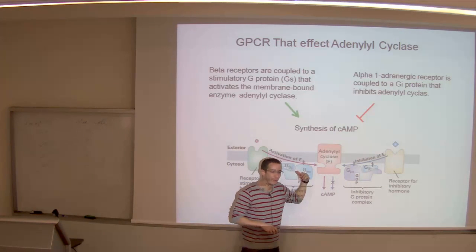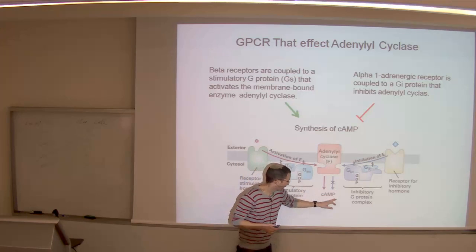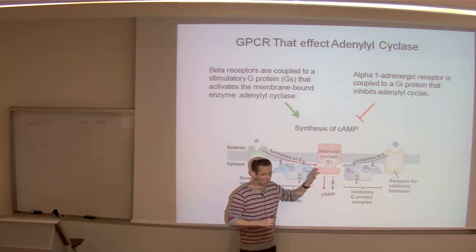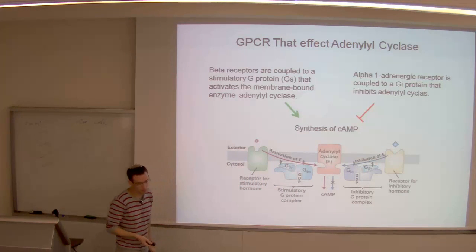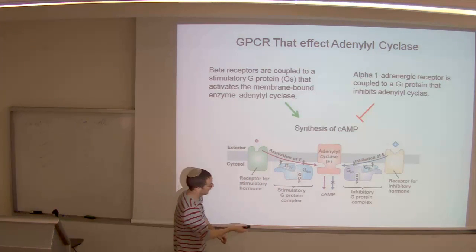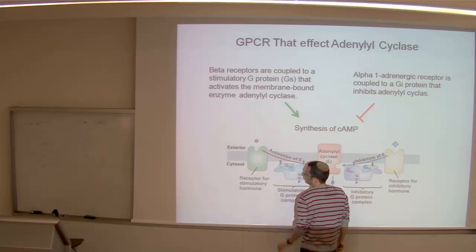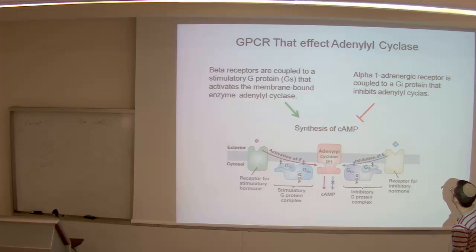So both sides of the effects that I've mentioned go through higher levels or lower levels of cyclic AMP through these mechanisms. This is the alpha receptor for adrenaline, and this is the beta receptor. The first one inhibits it, while the other activates it.